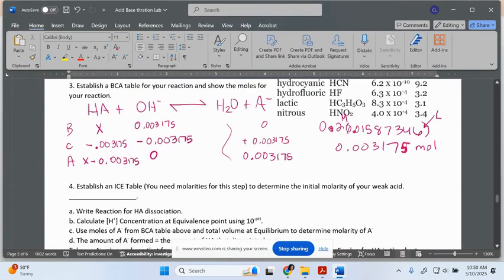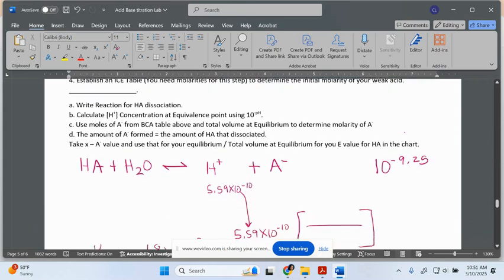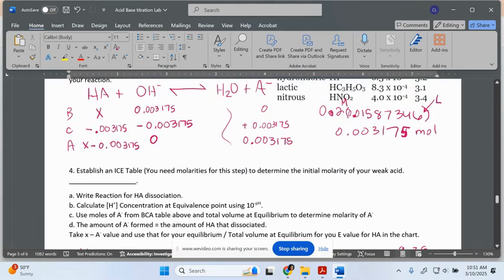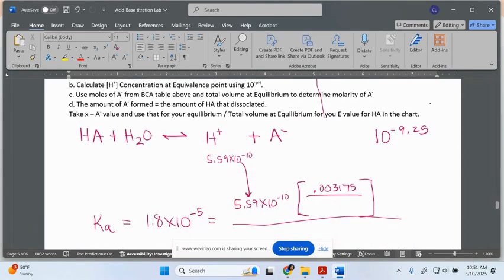So I'm going to bring that number down, 0.003175. I'm bringing that value down to here. That's going to be my moles.